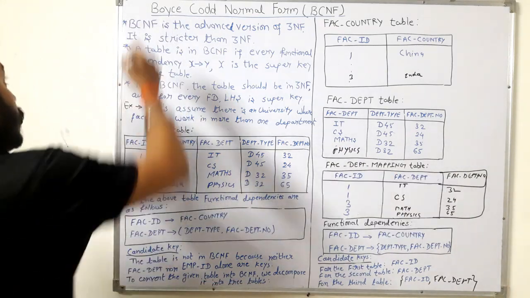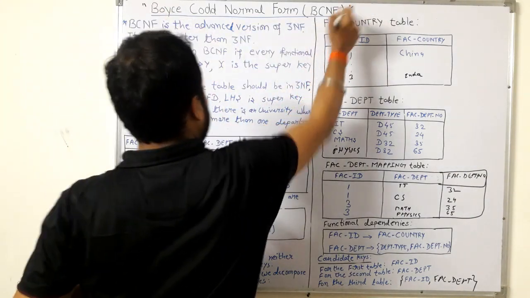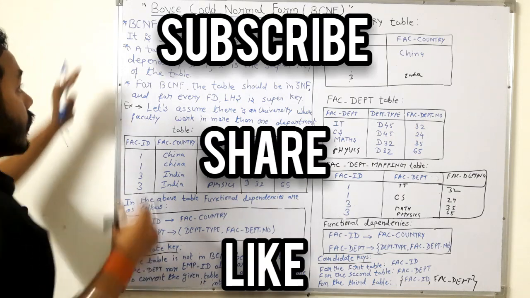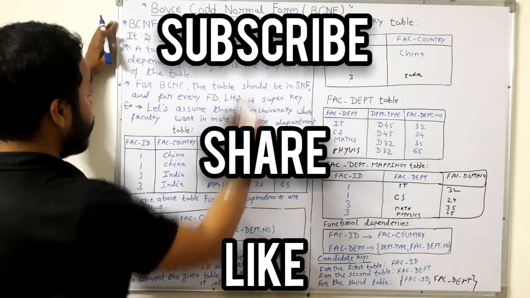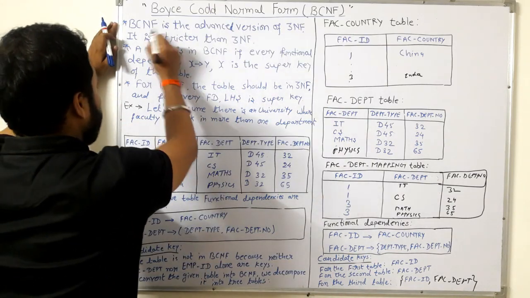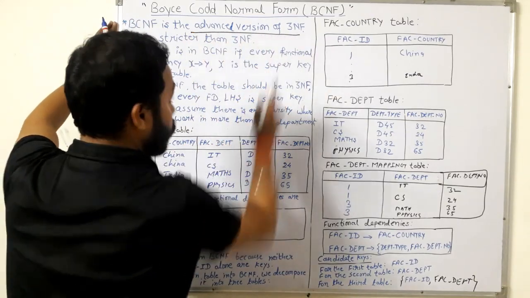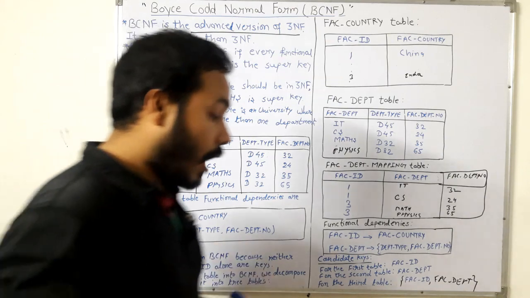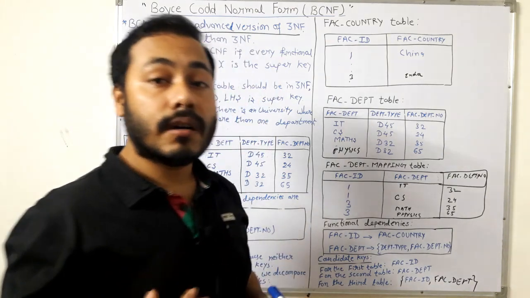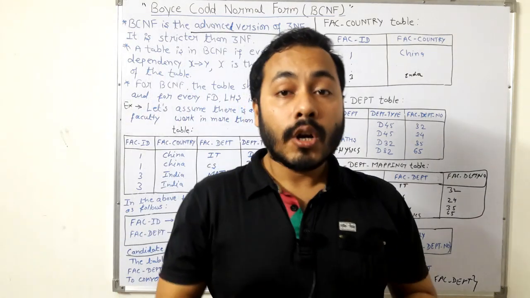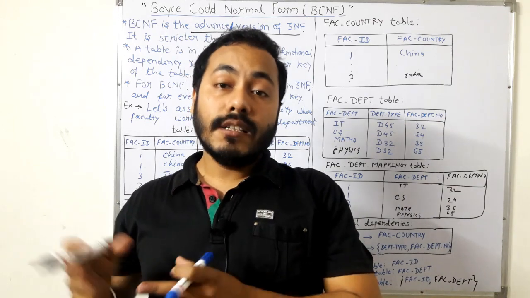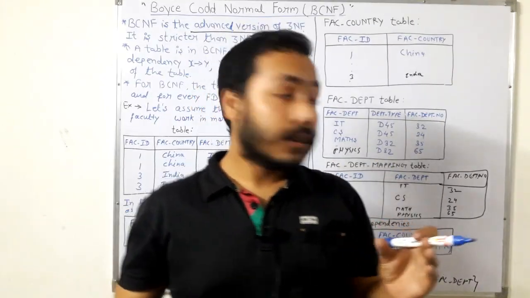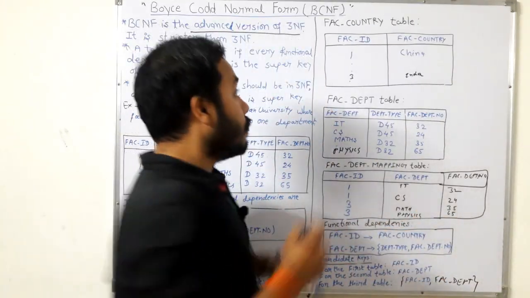So Boyce-Codd normal form is one of the important normal forms. The definition says that BCNF is a kind of advanced version of third normal form, and you have seen that in the third normal form we try to remove the transitive dependencies.